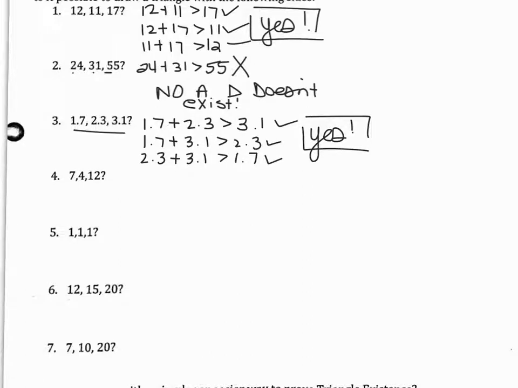I could take out a ruler and measure 1.7, 2.3, and 3.1, and I would get a closed shape. Doing this 3 times is unnecessary because notice this last one. 2.3 and 3.1 were my 2 larger sides, so obviously my 2 larger sides added together is going to be greater than my smallest side. So instead of testing all 3 possible combinations, we have a shortcut.